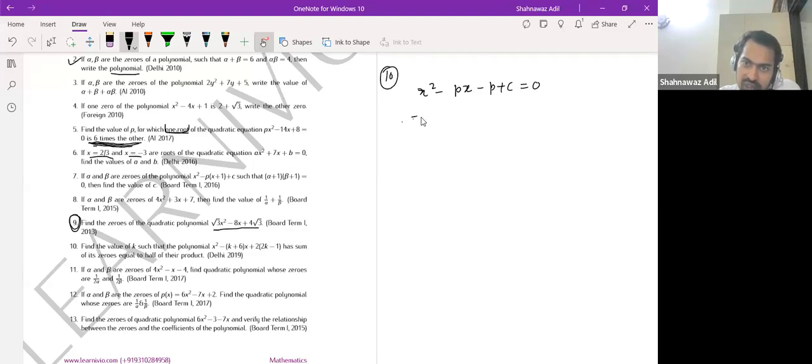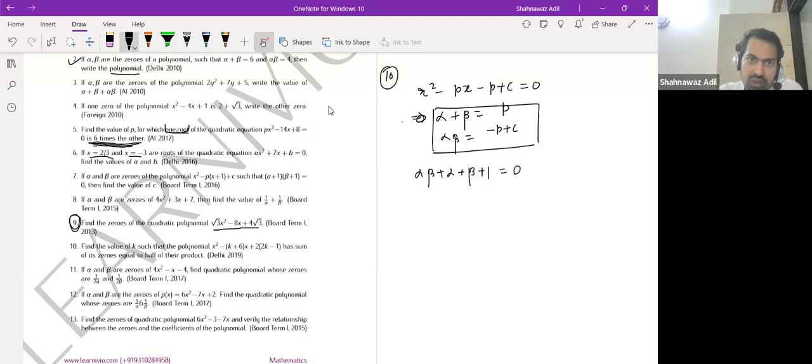We found that alpha plus beta is p and alpha into beta is minus p plus c. Then alpha into beta plus alpha plus beta plus 1 equals 0.